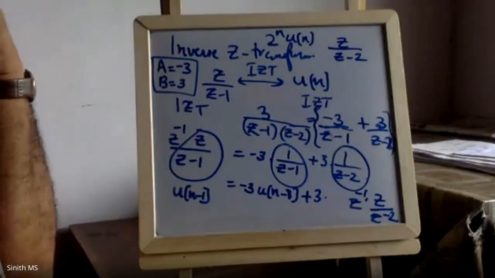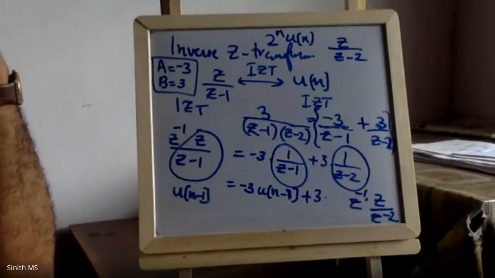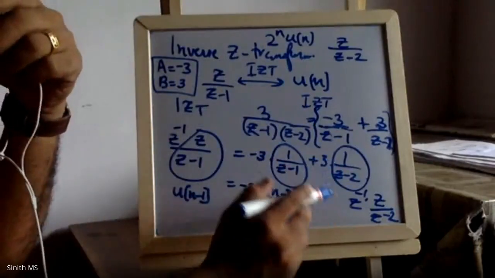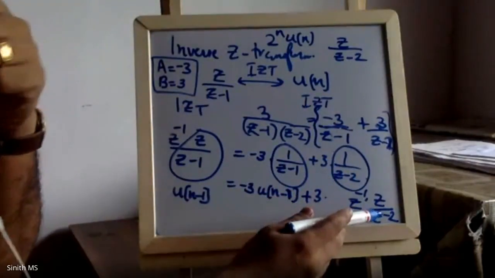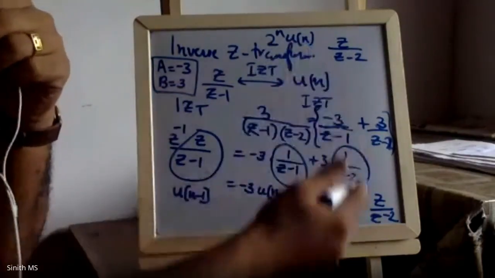2 raised to n minus 1 into u of n minus 1. Who told that? Ashwin. Oh, Ashwin, very good. See, when you have z by z minus 2, its inverse transform is 2 raised to n u n.